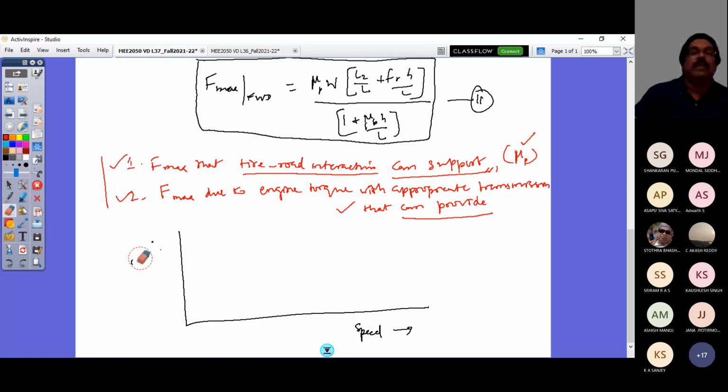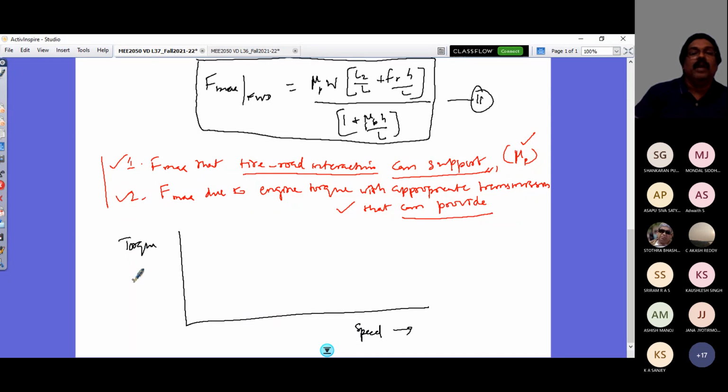So what is the power requirement? I would say in terms of torque requirement and power requirement. So the power requirement of your vehicle is always to be a constant power requirement. That's what is an ideal requirement.